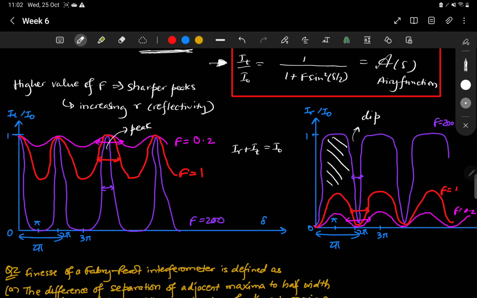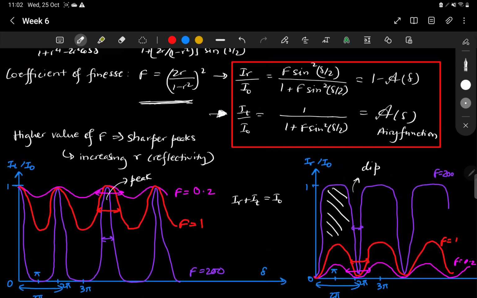Similarly, in the reflection spectrum, we see dips, and the sharpness of the dips increases as the coefficient of finesse increases, which in turn increases when the reflectivity increases.